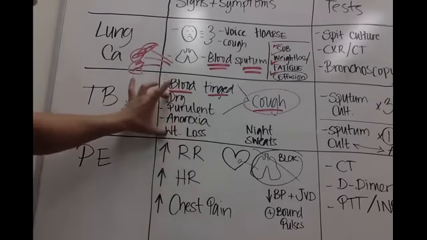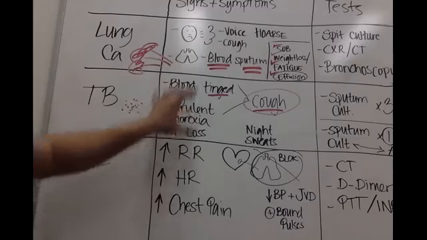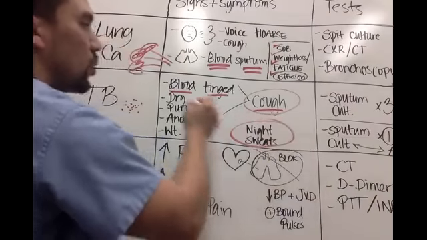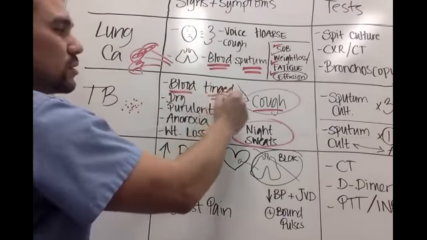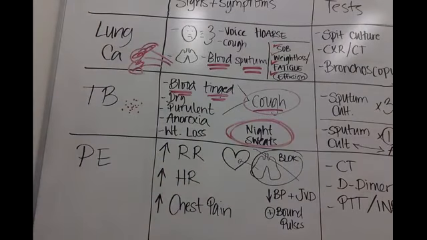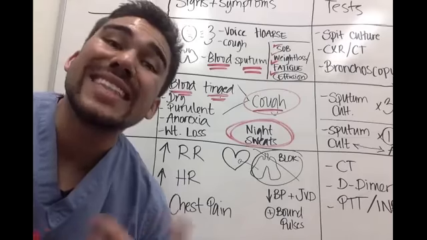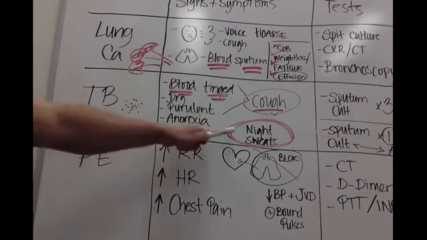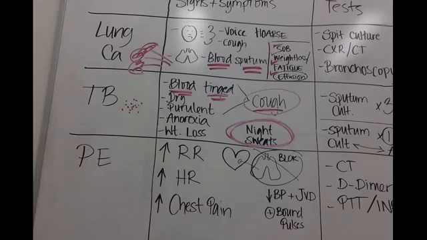Now, some of these things can co-mingle, but the biggest thing with this one is your blood-tinged sputum as well as night sweats. Because remember, tuberculosis is a bacteria. Your patient is infected. So night sweats is a big complication for tuberculosis.